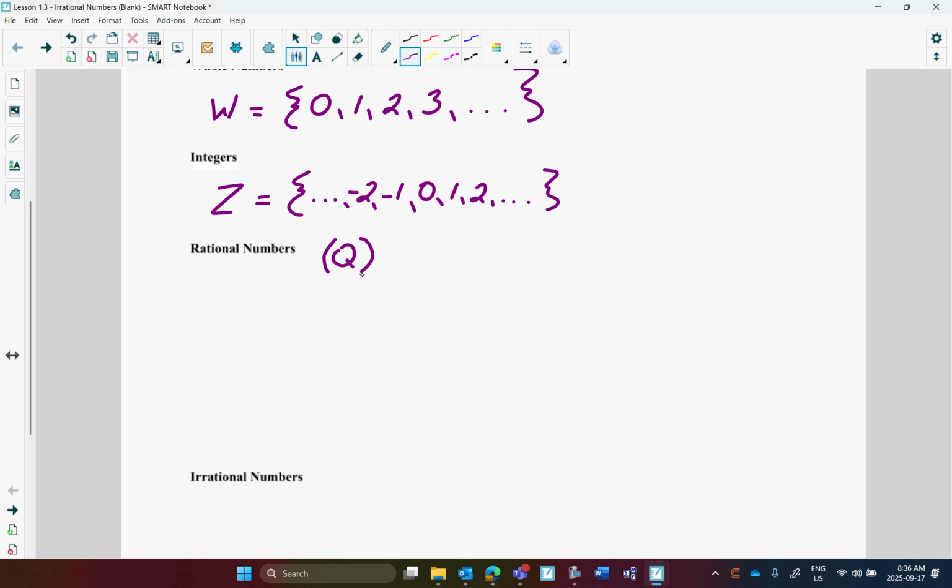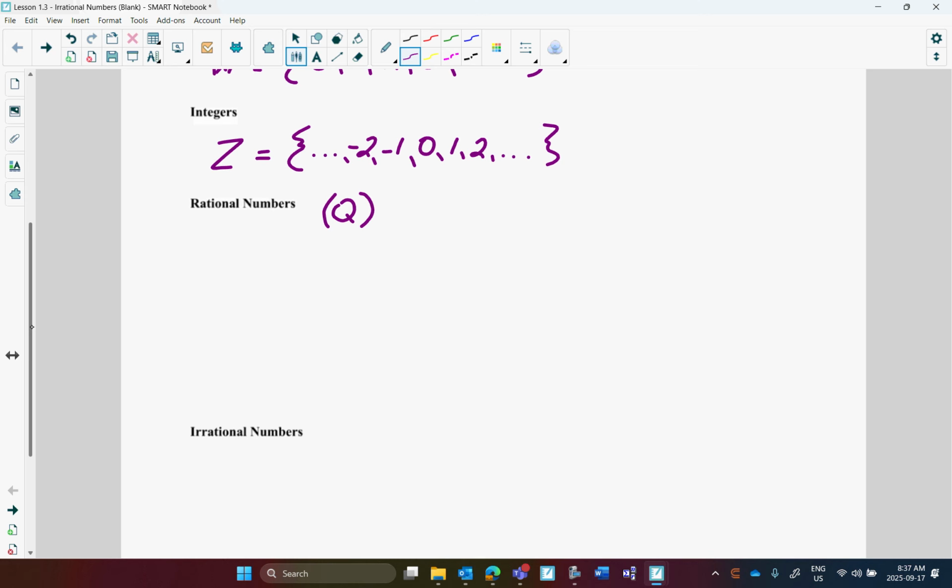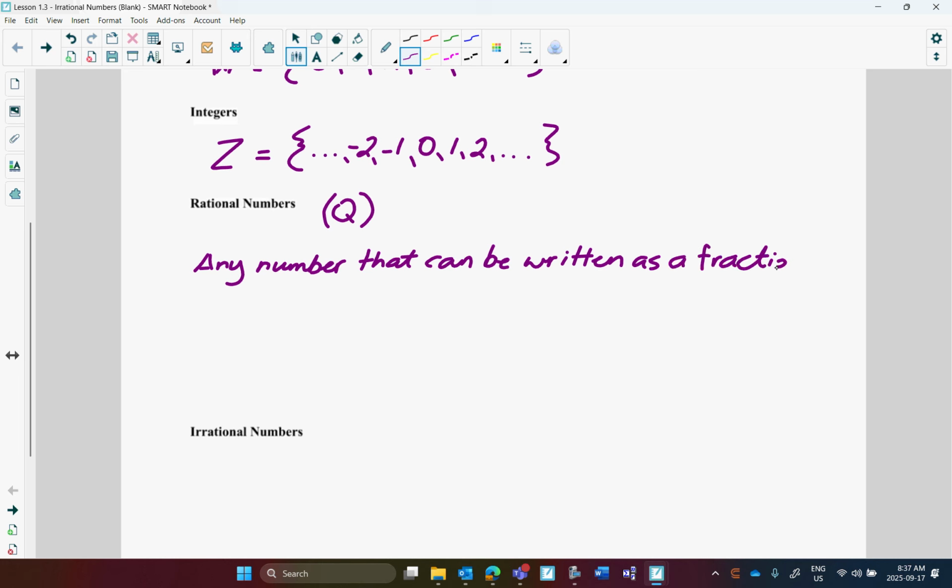So the best we can do is we can say any number that can be written as a fraction, like A over B, where A and B are integers, positive or negative whole numbers.